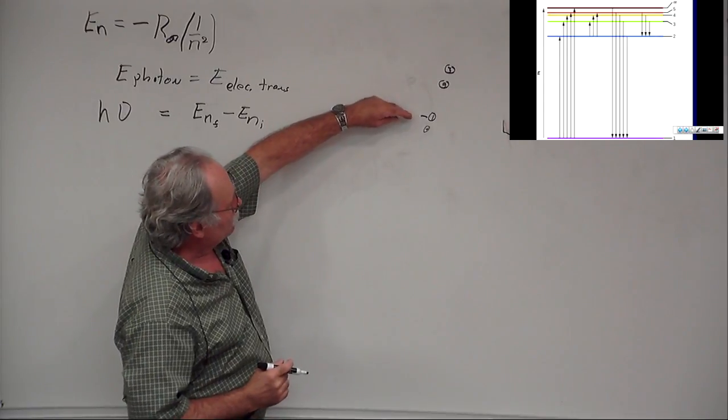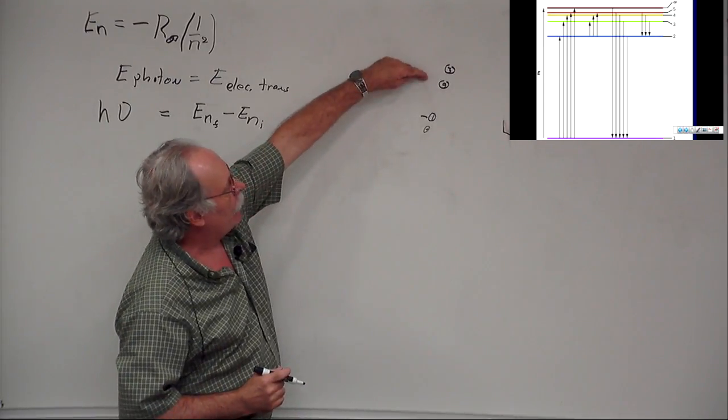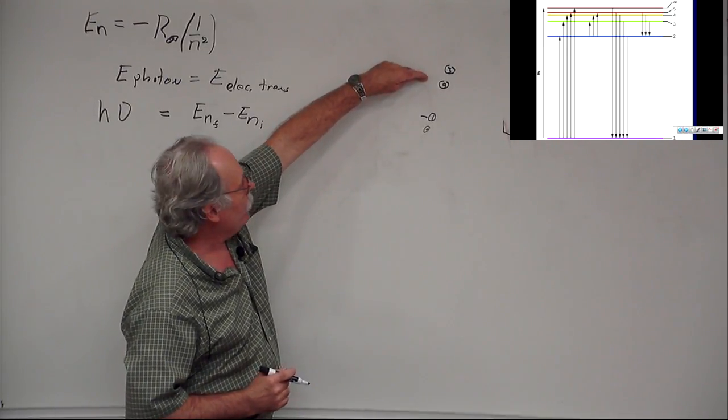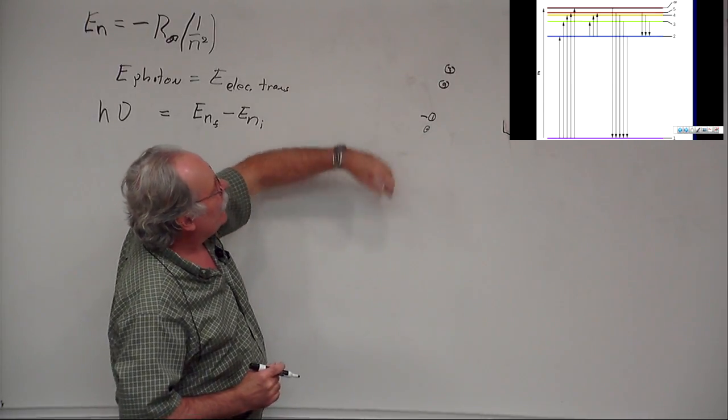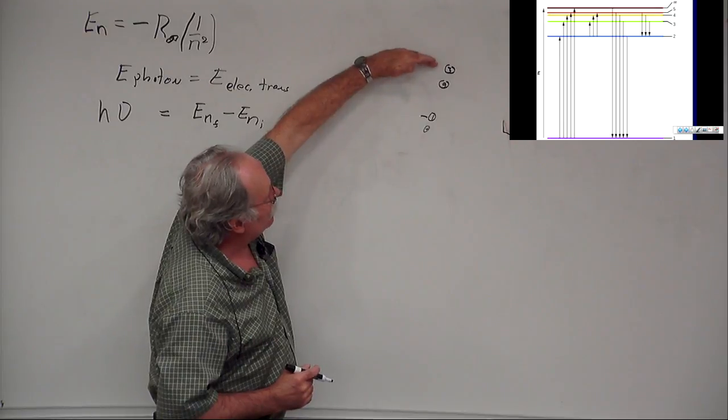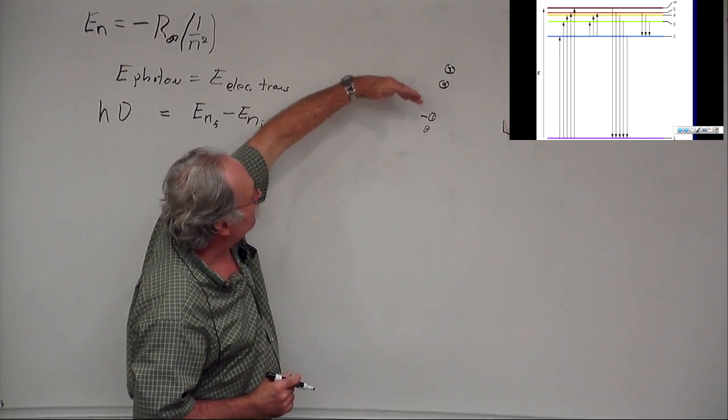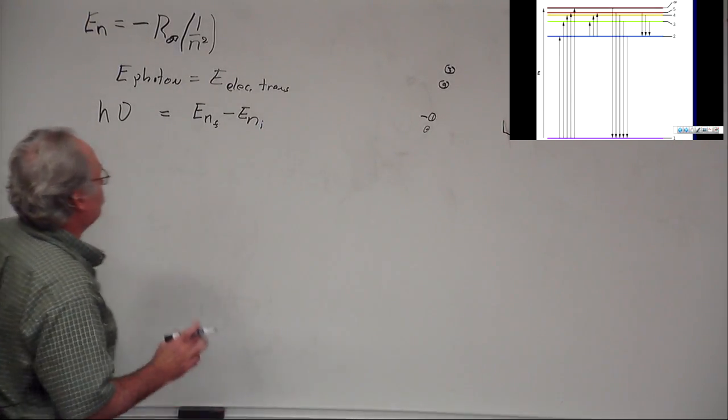In absorption, you go from a low energy to a high energy, okay? So it would be the larger number minus the smaller. In emission, you've excited the electrons, and then it relaxes down to a lower energy, okay?